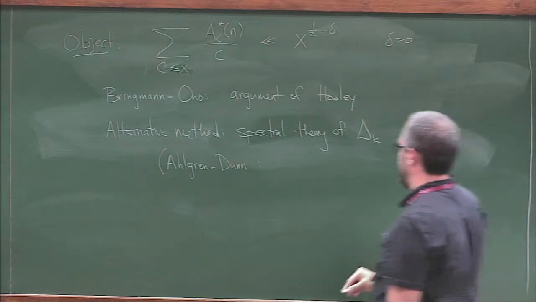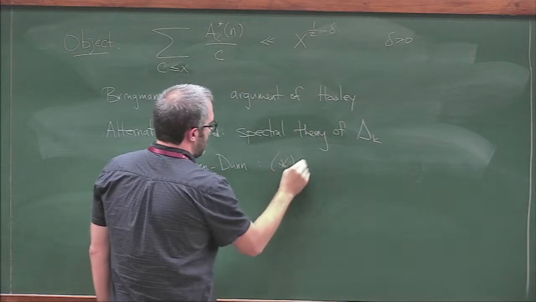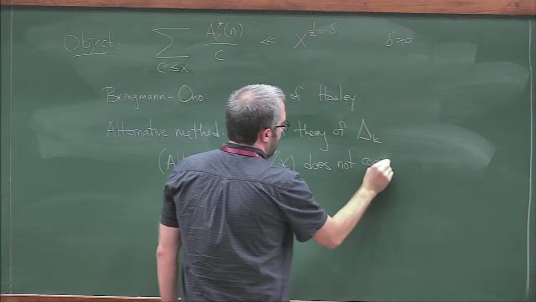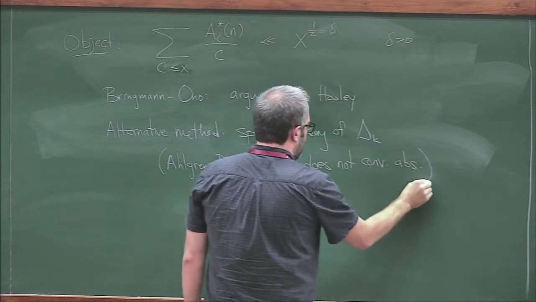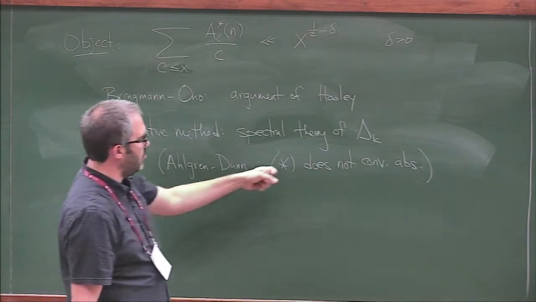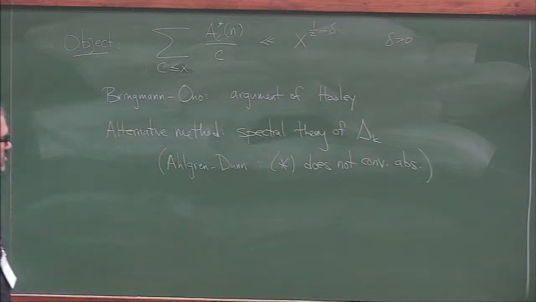They prove that star does not converge absolutely. So it is a conditionally convergent series, which of course we suspected because the best we could do absolutely was this, but that's not a proof, and they were able to prove that. And this fact that the sum converges conditionally was conjectured by Andrews in his PhD thesis.